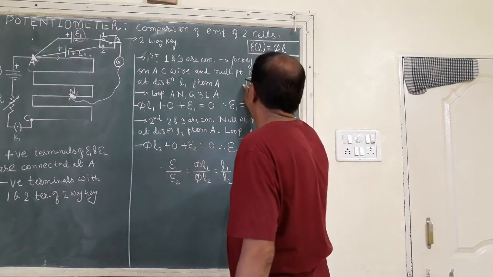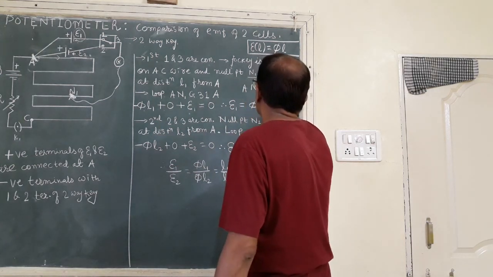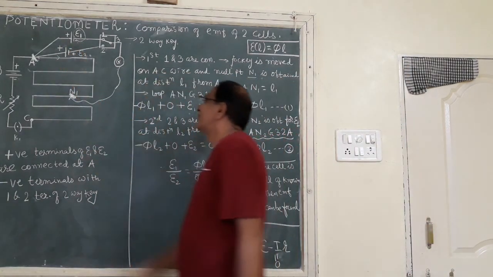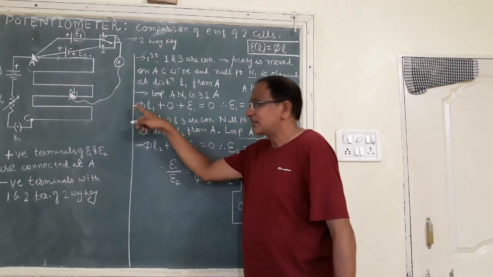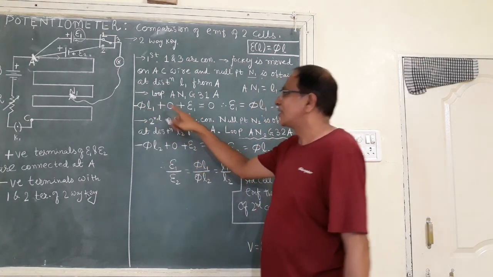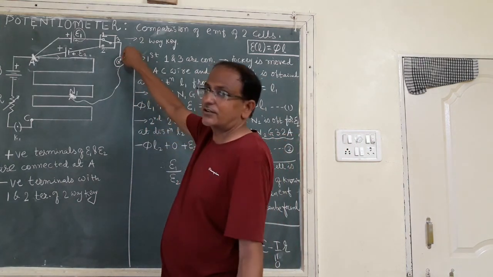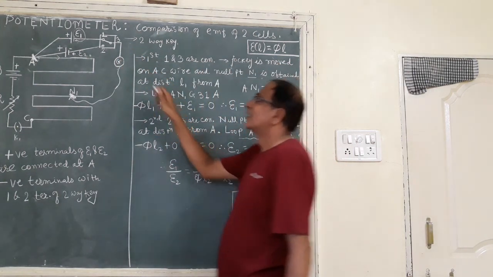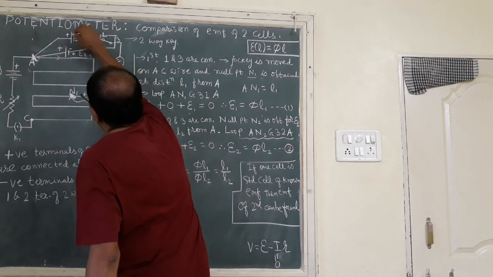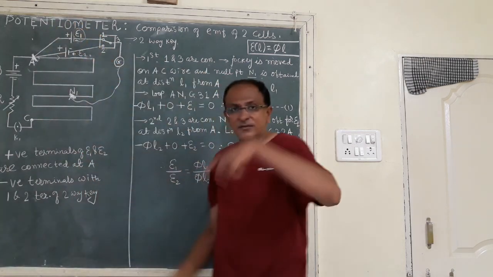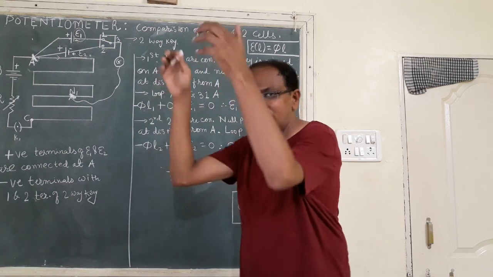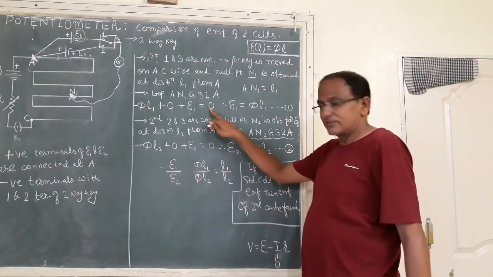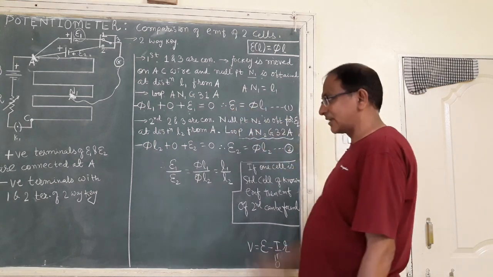With a negative sign, so minus phi L1, plus 0, because no potential drop occurs across the galvanometer as zero current is passing through it. Then you are moving from minus to plus on the positive terminal of the battery, so plus E1 is equal to 0, so E1 is equal to phi L1.